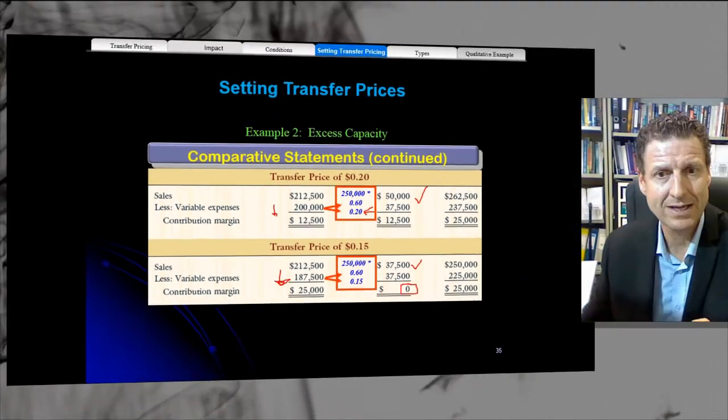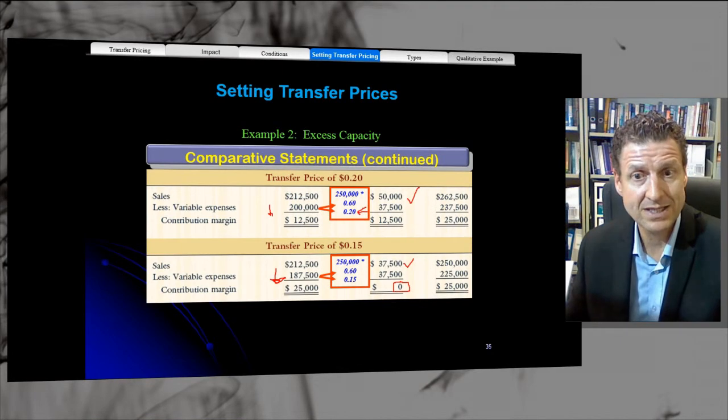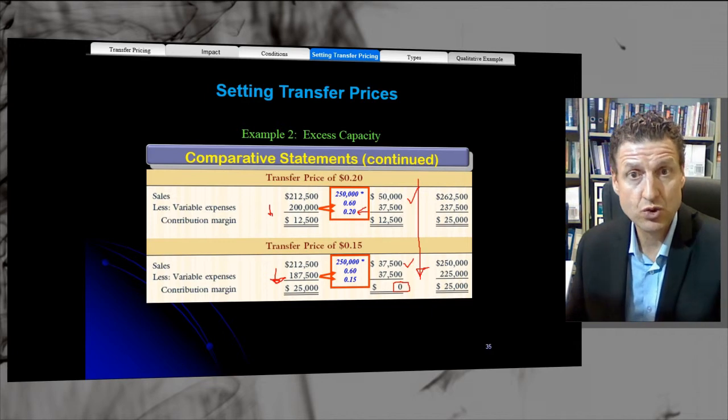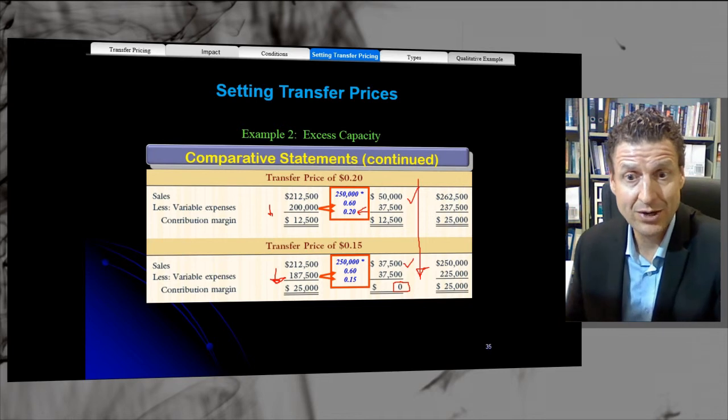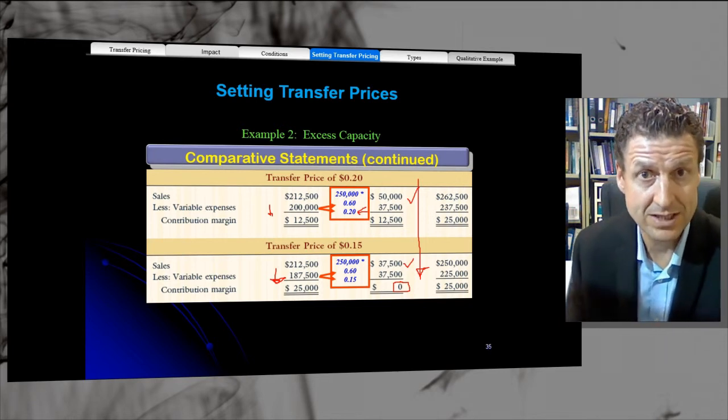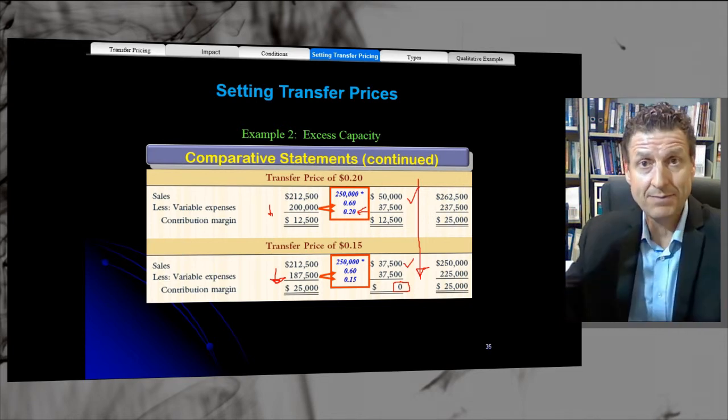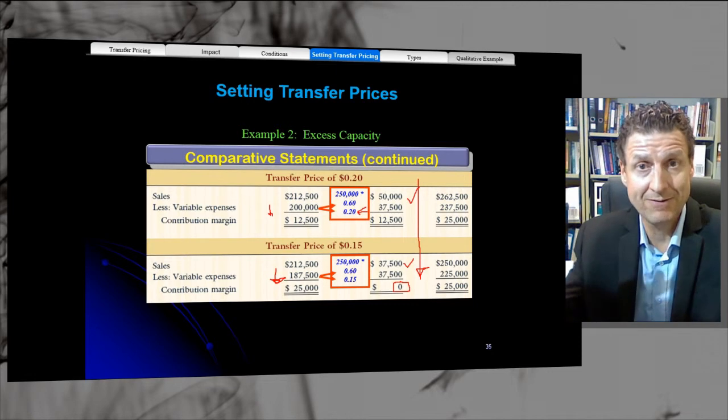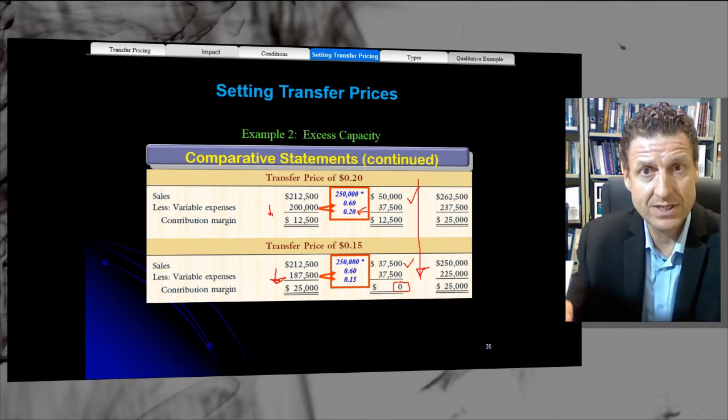So you can see that for excess capacity, we can drive down that transfer price until the transferring division actually earns next to zero. But the company as a whole is still better off. And so these are different scenarios where you have excess capacity.